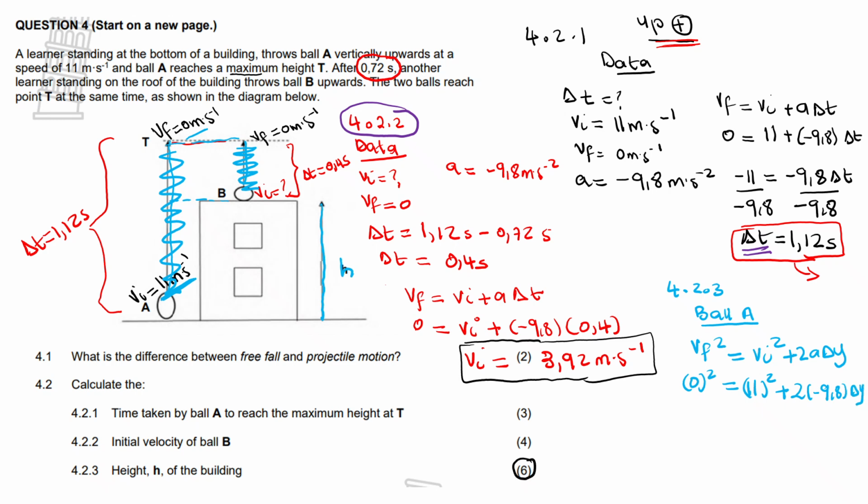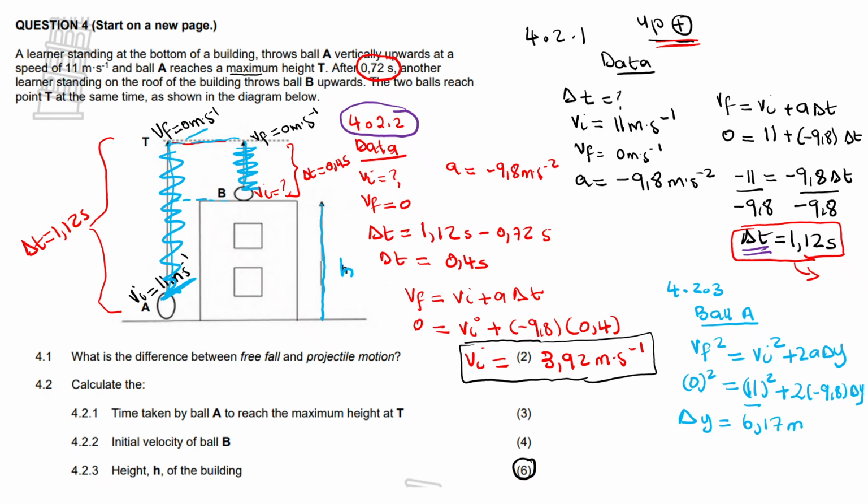Okay, so now when we solve this, we isolate the 11 squared that will come to the other side, then divide both sides by negative 19.6. The 11 squared will come to the other side to be negative. I need you to pause the lesson and isolate delta y. On my side, I have that delta y for ball A is 6.17 meters.